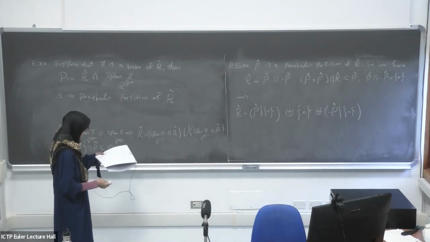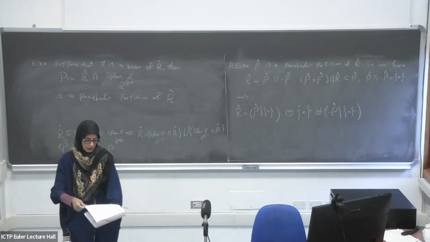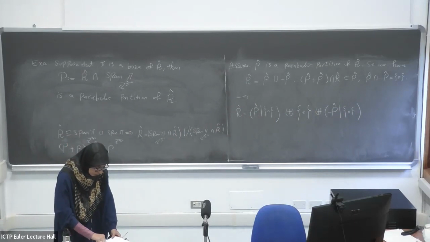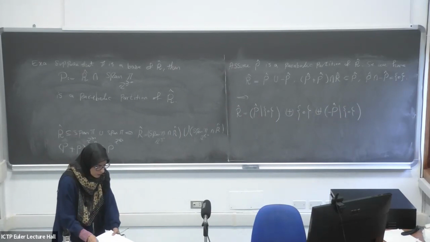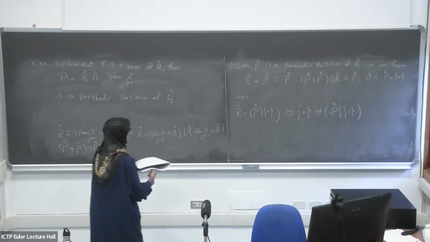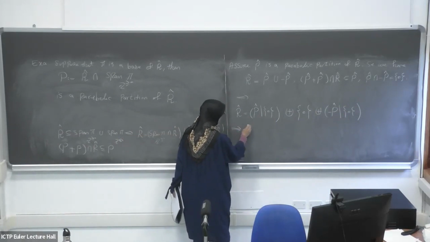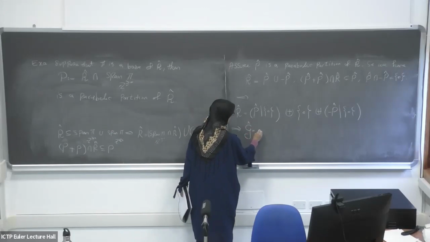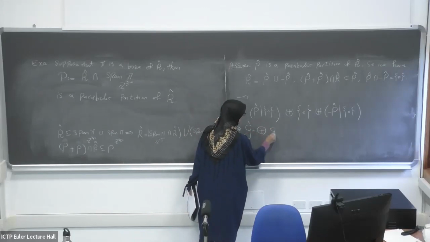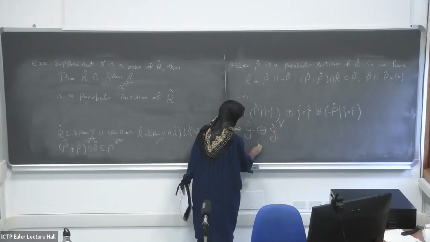And then, using this decomposition for R hat, we can take a decomposition for G hat. It implies that G hat is the direct sum of G hat gamma where gamma is an element of R hat.